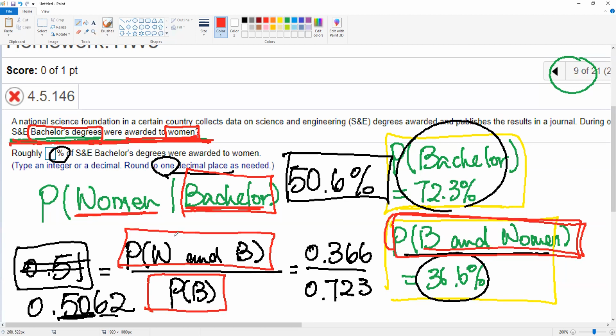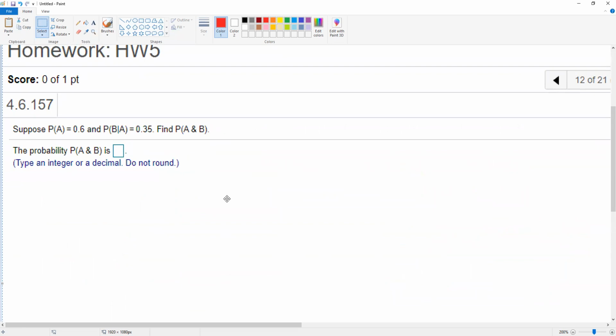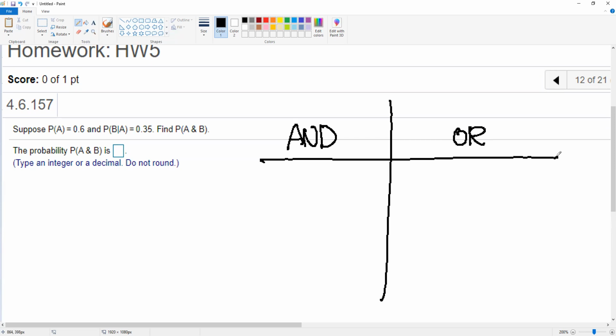And now I want to try number 12. Let me go to number 12. At the beginning, I told you we had two cases, and or. It's already for or, the E or F, we apply the addition rules.